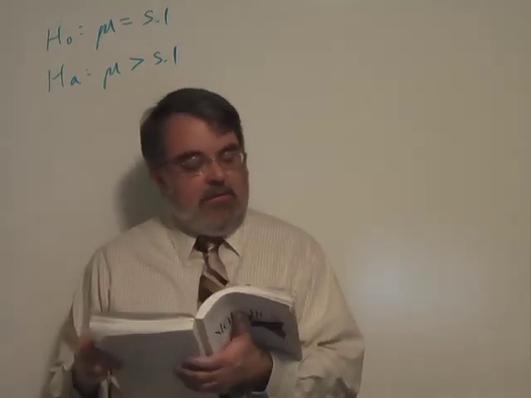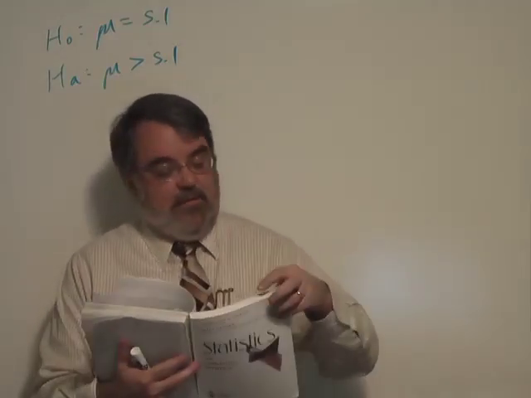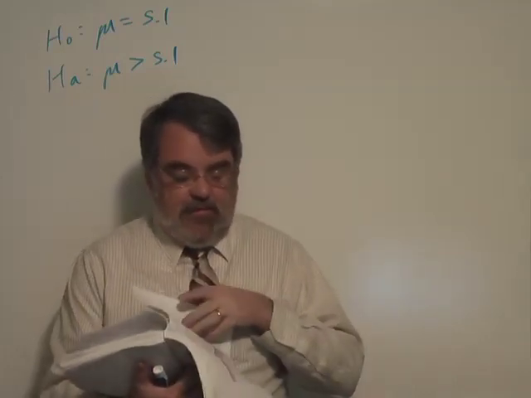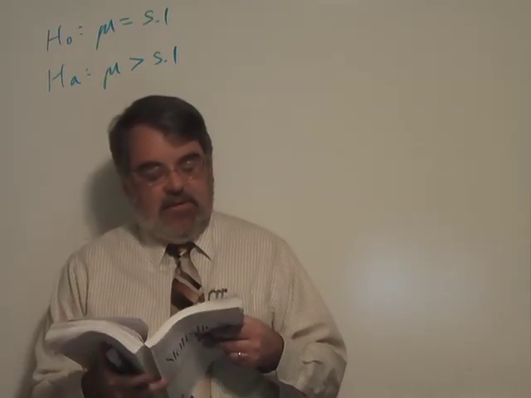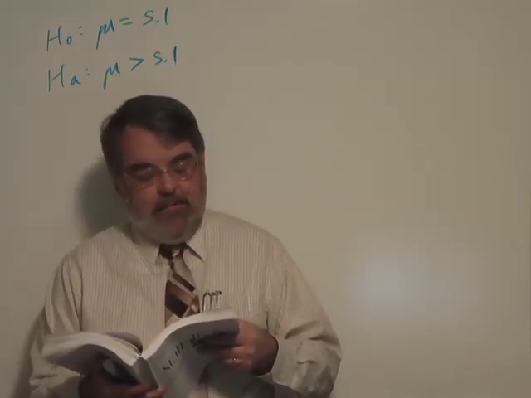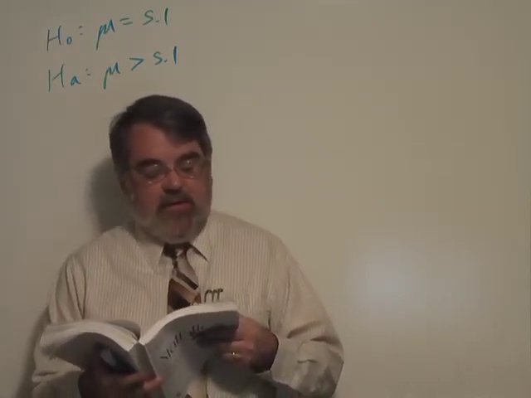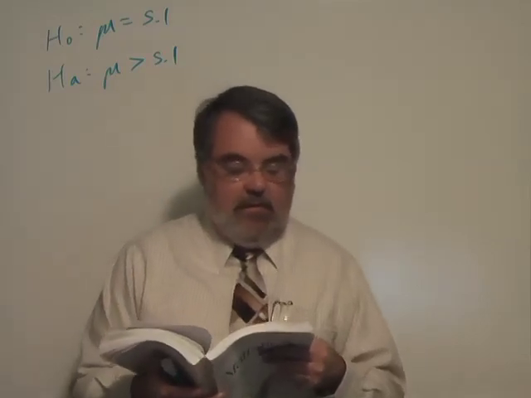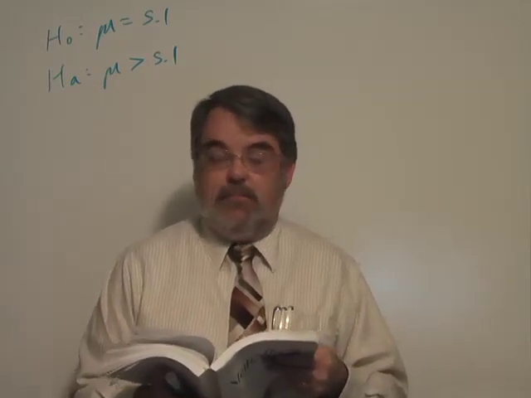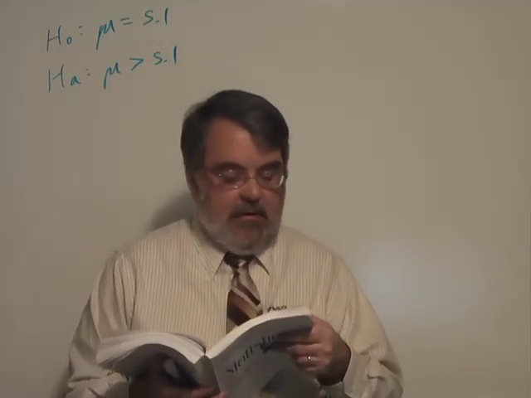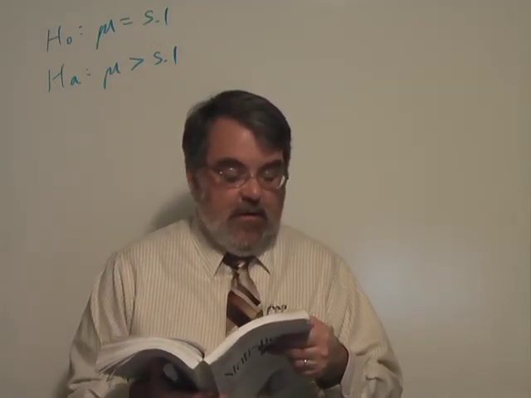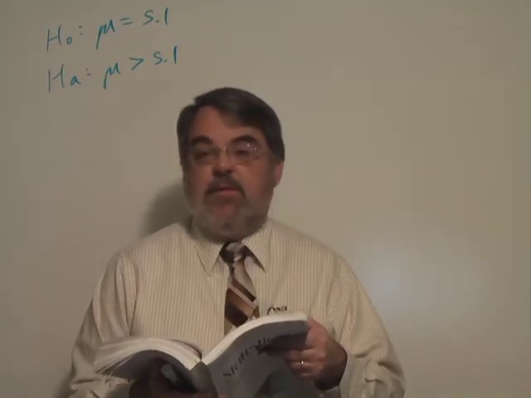I want to go to top of page 270, please, where they introduce a little piece of terminology. It says the type 1 error, or alpha error in hypothesis testing is rejection of a null hypothesis that is true. And he goes on to talk about the type 2 error, beta error, in hypothesis testing is failure to reject a null hypothesis that is false.